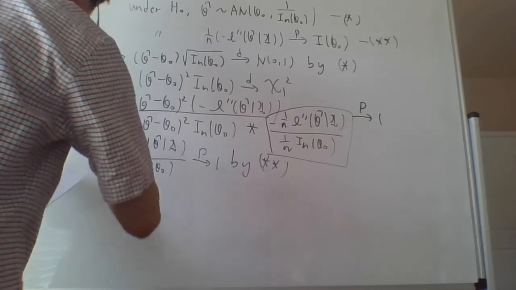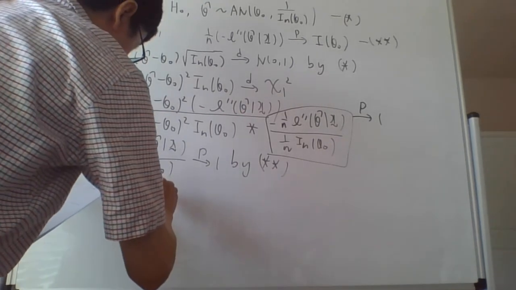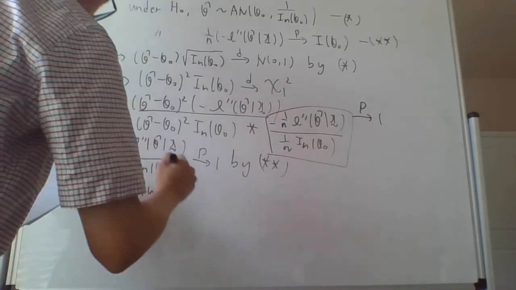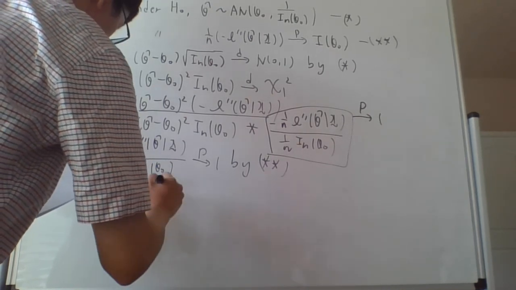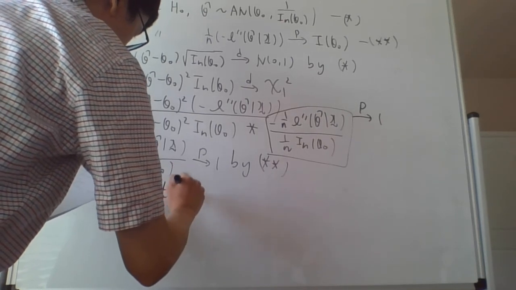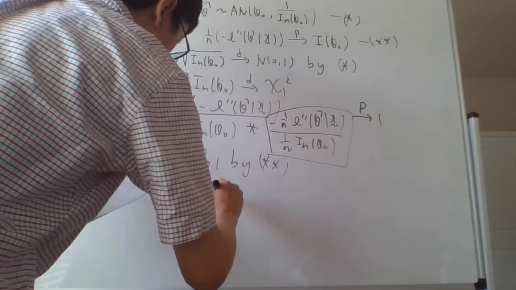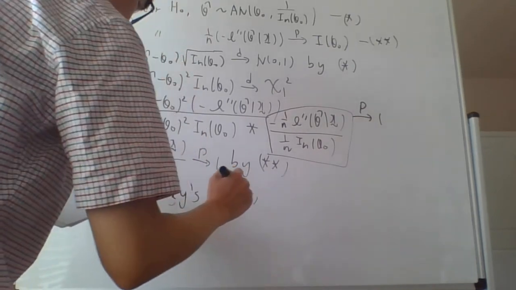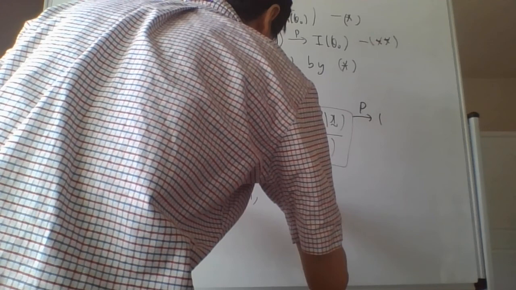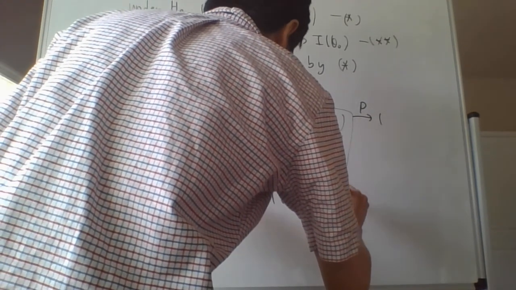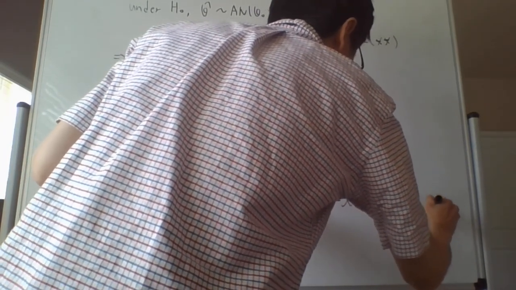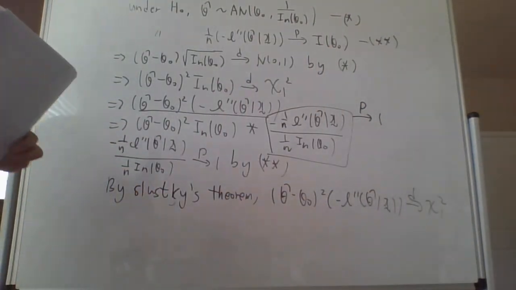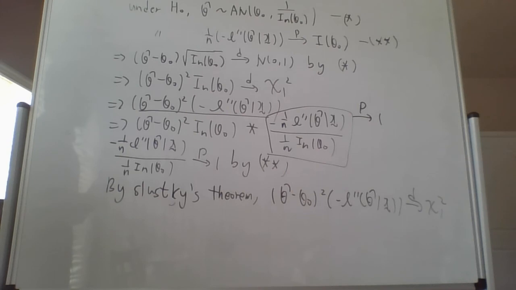And by Slutsky's theorem, we have a term that converges in probability to 1, and a term that converges in distribution.